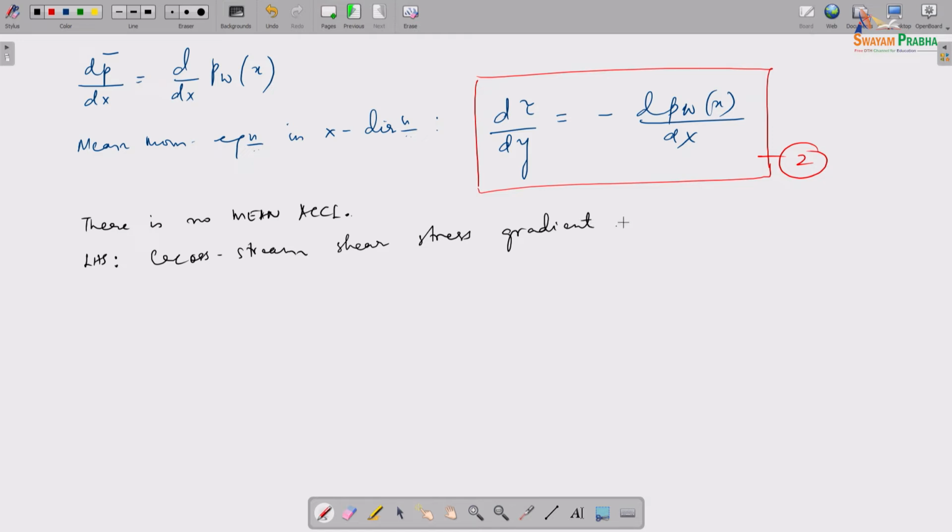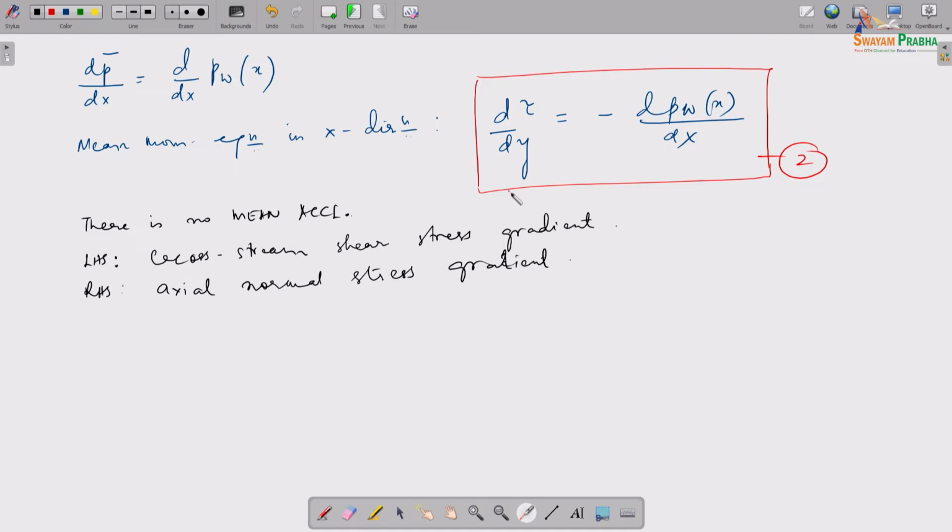So cross stream shear stress gradient, and the right hand side is axial normal stress gradient. What am I talking about? So the left hand side is this, right, the delta. So this is the cross stream shear stress gradient.